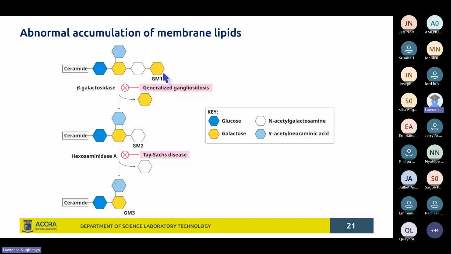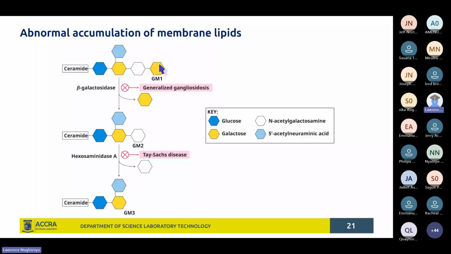And a lot of times, if you have GM1 being accumulated in the nervous system, it results in what is being referred to as generalized gangliosidosis. Some of these result in some mental disorders, some mental retardation, some growth abnormalities. You do have such happening.